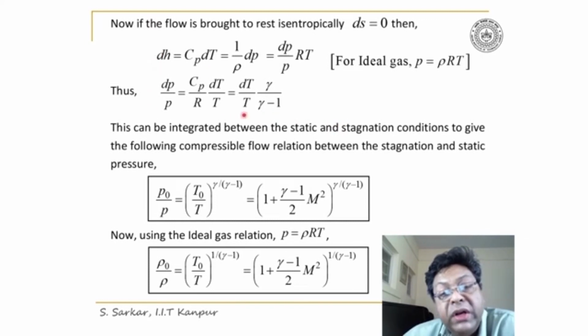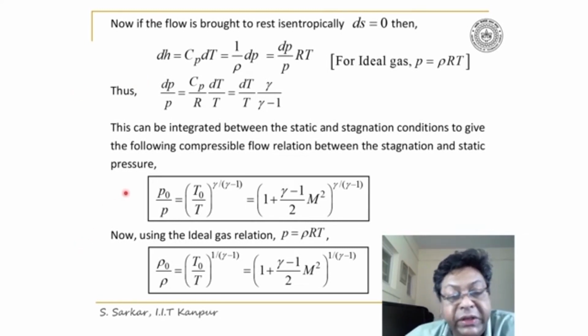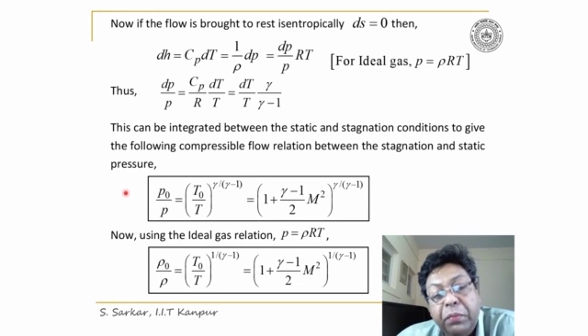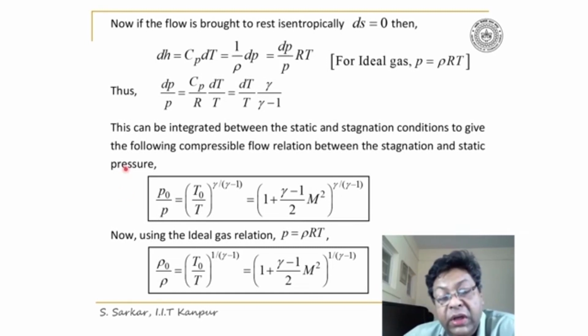Now one can integrate this equation between static and stagnation conditions. After integration, we get the following relation: P0 by P is equal to (T0 by T) to the power gamma by (gamma minus 1). So this is a relation between total pressure and total temperature from the static quantities.